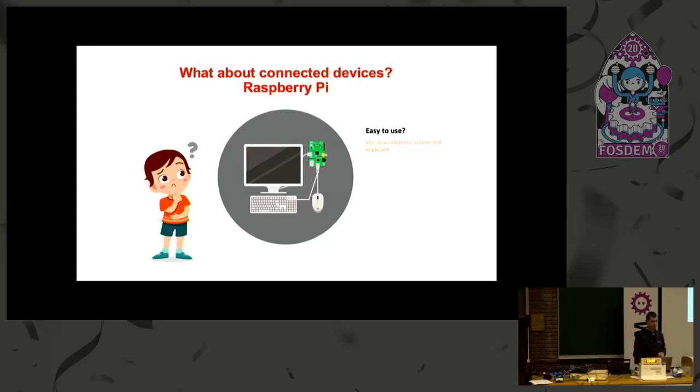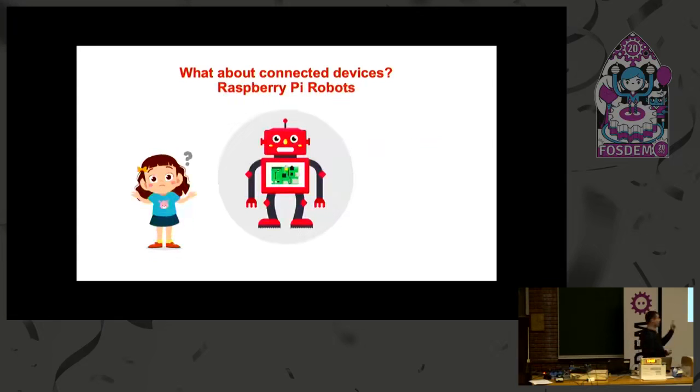Now the problem is, what happens if the board is inside the device? If you want to build a robot, a car, it's on top of a building, so you want to use it for something more electronics-like, your Raspberry Pi is not going to be accessible with the screen and the keyboard. So this becomes increasingly difficult.